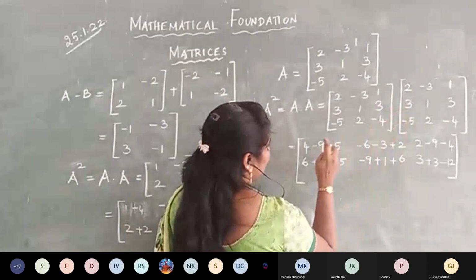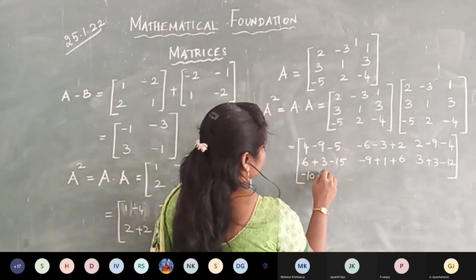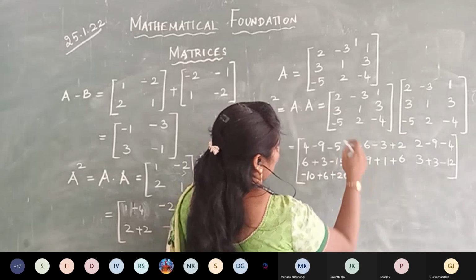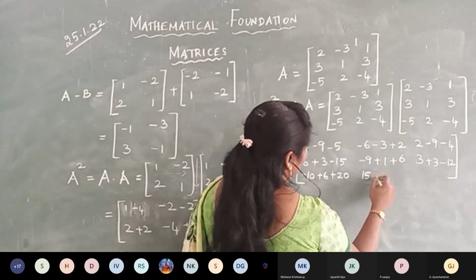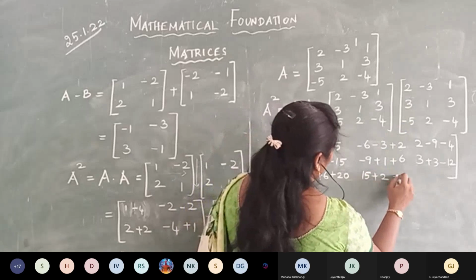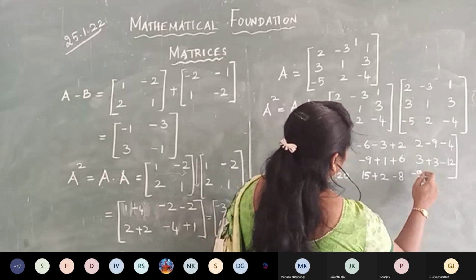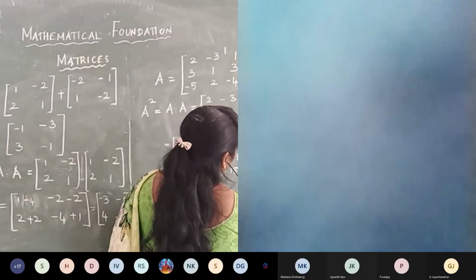Then third row, first column: minus 5 into 2 is minus 10, plus 6, plus 20. Again, 15, plus 2, minus 8. Then minus 5, plus 6, plus 16.